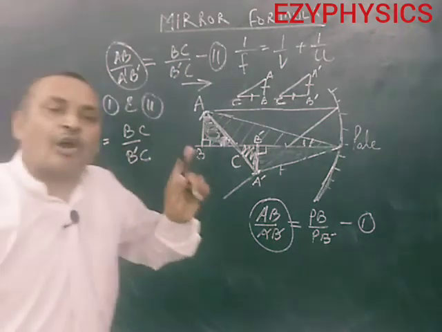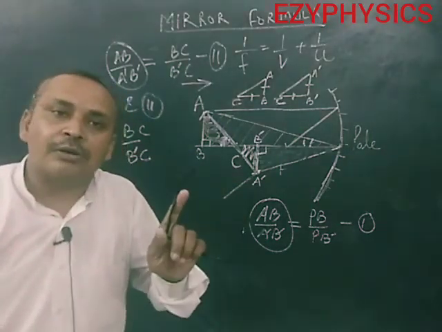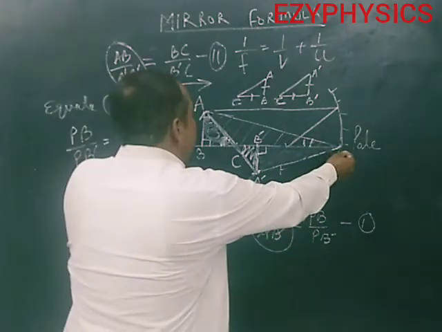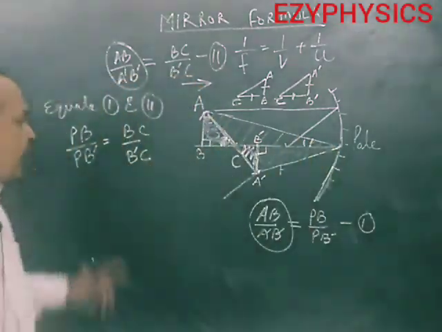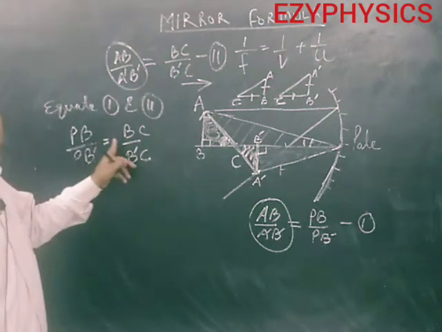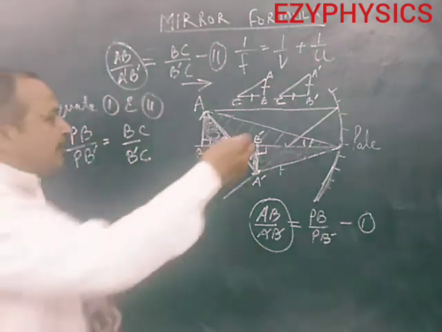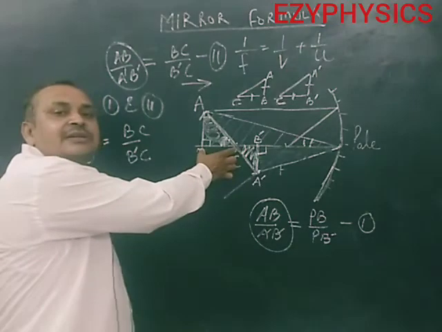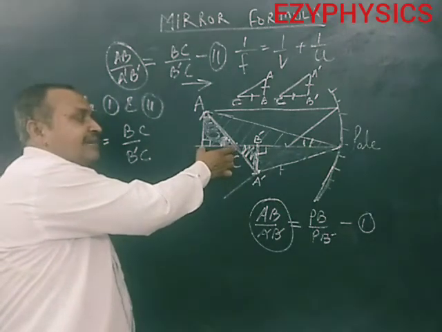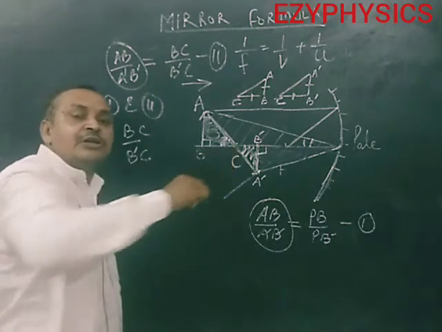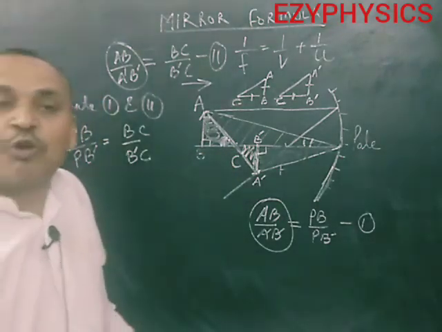Okay, now you can see PB. PB is already starting from the pole, PB dash is also starting from the pole. But BC is this distance, not starting from the pole. So how can I make this BC so that it starts from the pole?